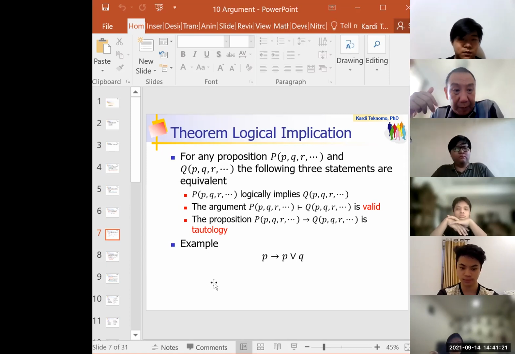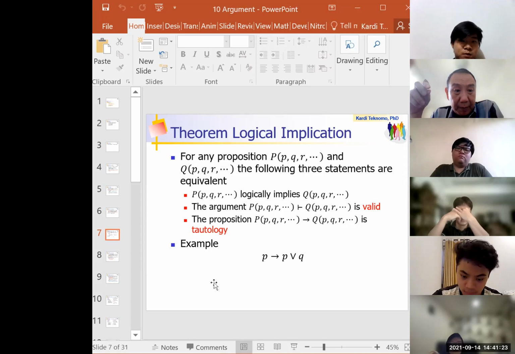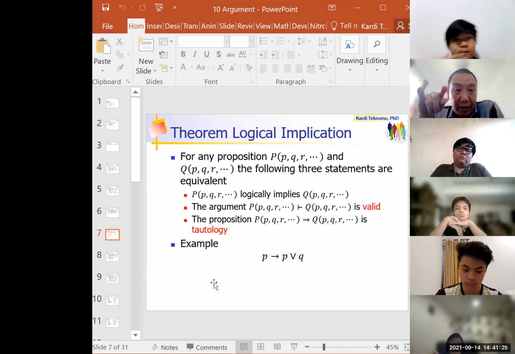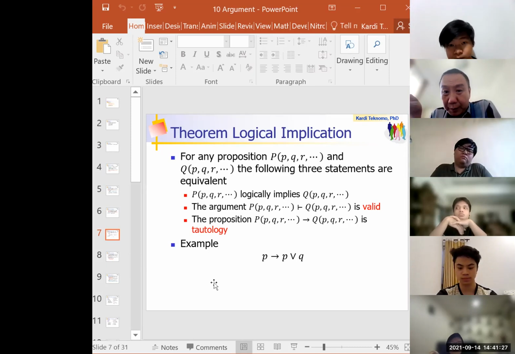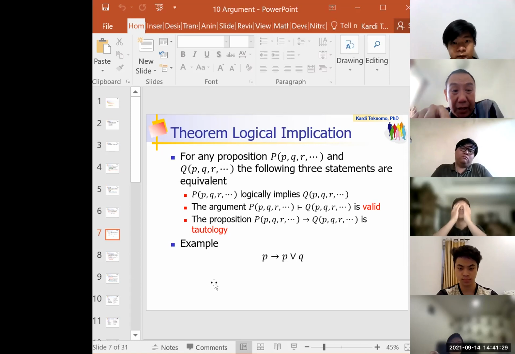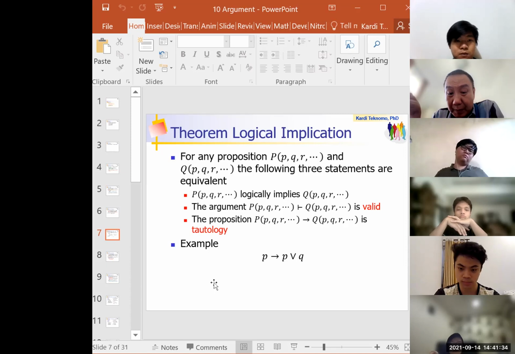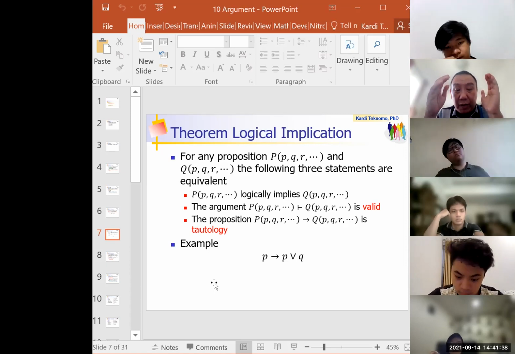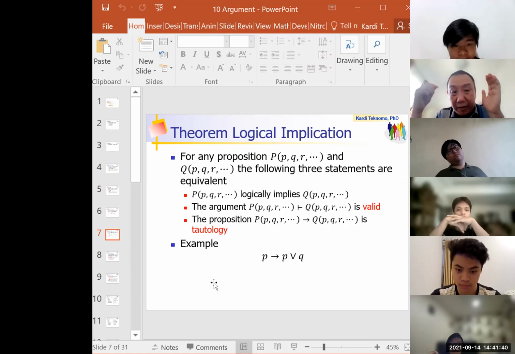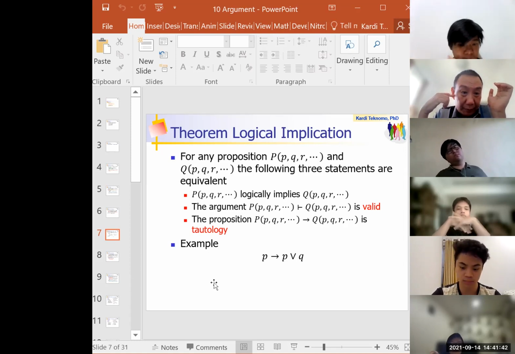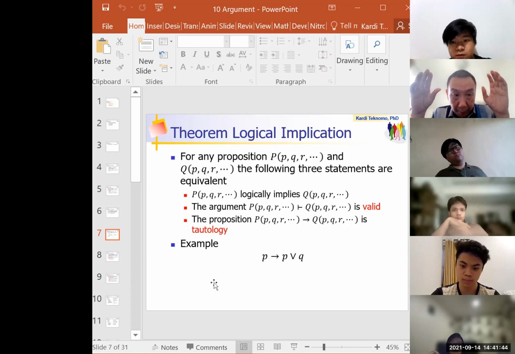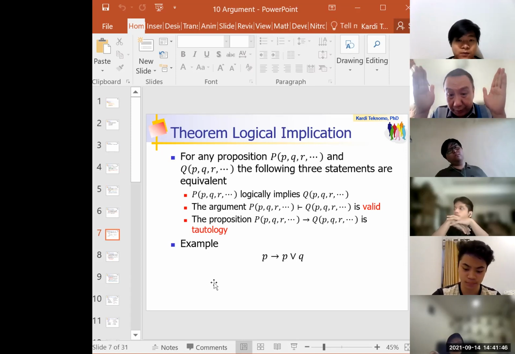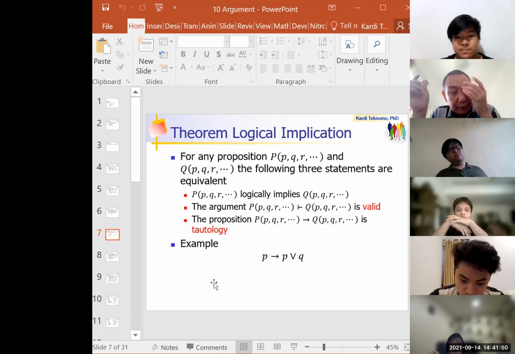They are the same thing. First, if P, then Q. What is that small p, small q, small r? That is the variables. Inside that proposition can have several variables, so the proposition can be a function of several variables, which is p, q, r, and so on.